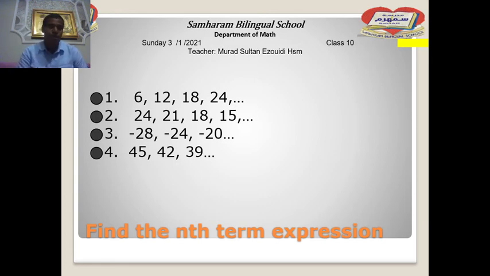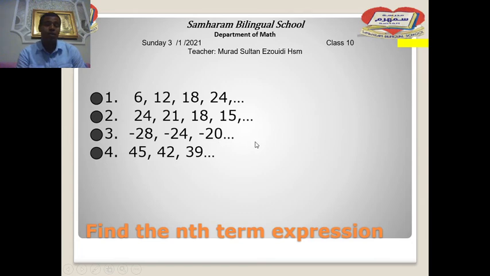For the third, it's very easy also. We will try to find the nth term expression. You can see that negative 28 is the first term, and the common difference is negative 24 minus negative 28, which gives 4.